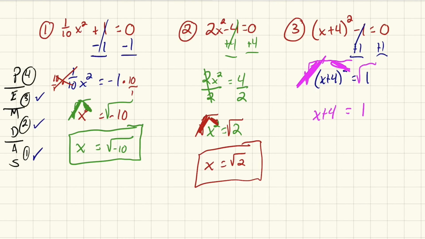And now the only thing left for us is what was inside our parentheses, which was x plus 4, and we solve that by taking our opposite operation and saying 1 minus 4, which is negative 3. And we're done.